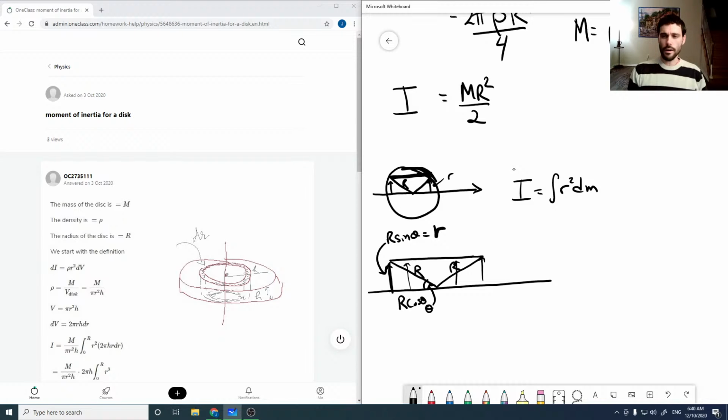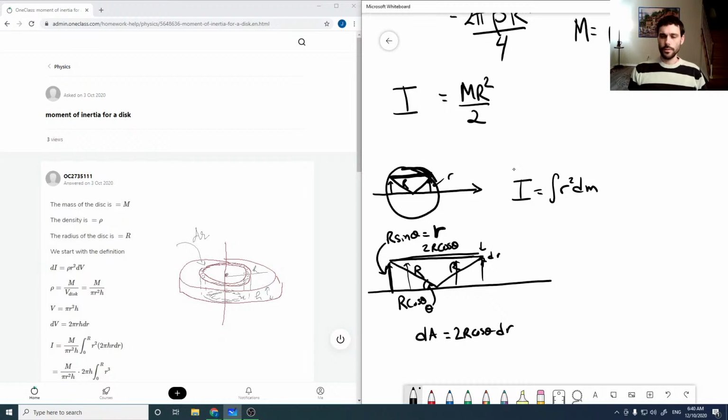So our r value is r sine theta, and this length here is r cos theta, meaning that the entire length is 2r cos theta. So that's our little mass segment, and if it has a width of dr, then our tiny area segment this time is 2r cos theta dr.